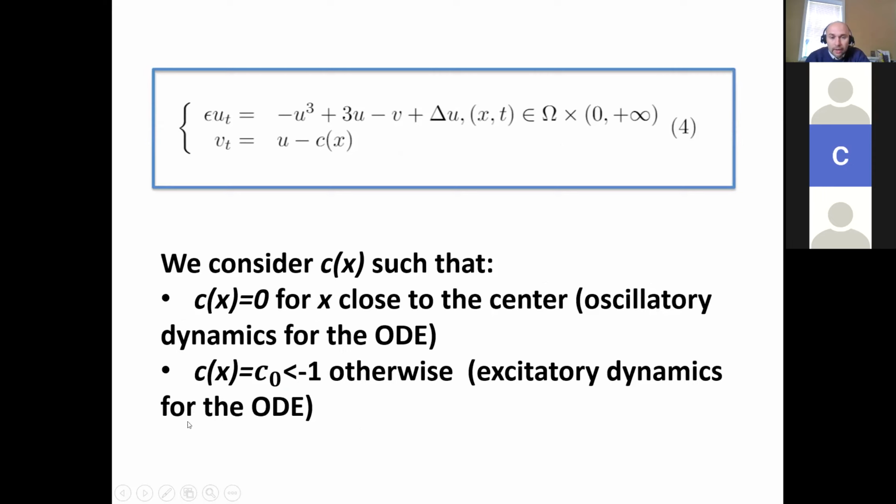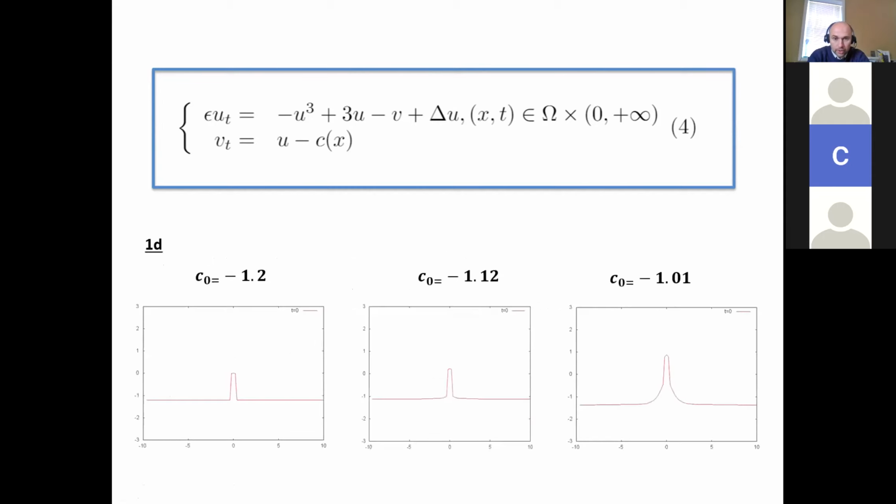So what I am considering: for X in the center of the domain, I choose 0, and for X not at the center of the domain, I choose a value C0 which is less than 1, so that it corresponds to excitable dynamics for the ODE. And this is the result.